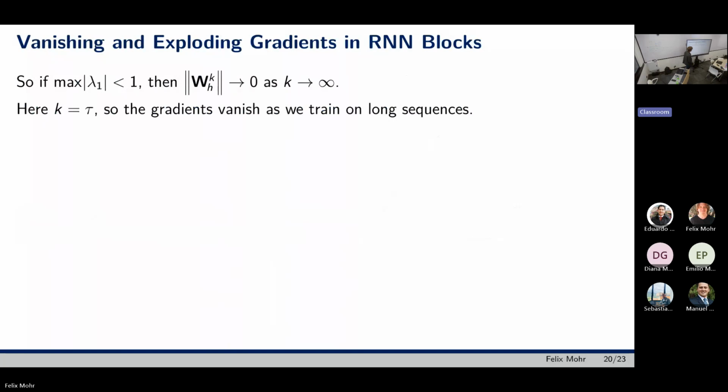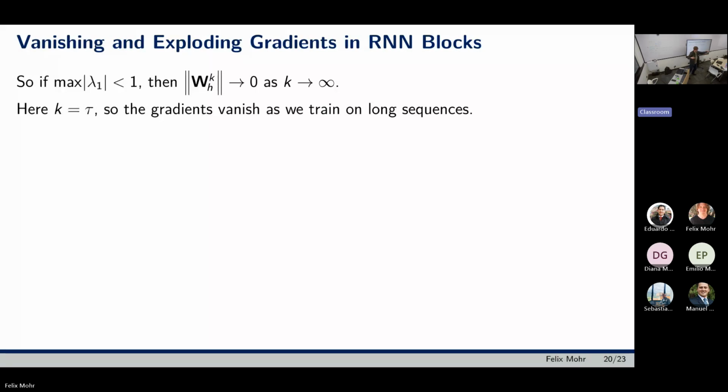It will depend on the k, and the k is not the number of layers, but the sequence length, tau. So if we want to train on long sequences, then the gradients vanish.